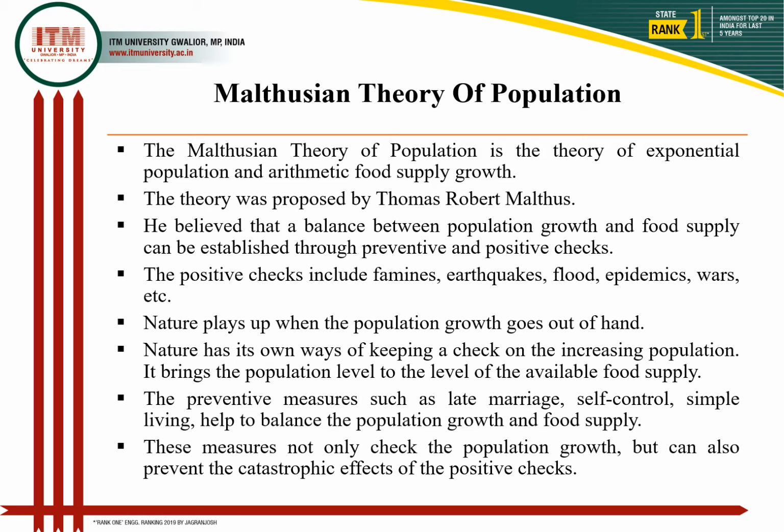Late marriages, self-control, simple living help to balance the population growth and food supply. So birth control kind of things are essential measures which can be considered preventive measures to avoid population growth at an exponential rate and to prevent the catastrophic effect which we expect with the positive checks.